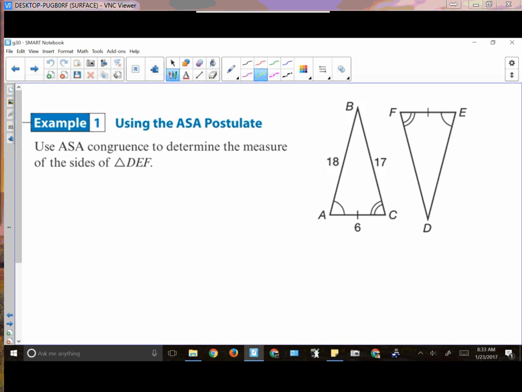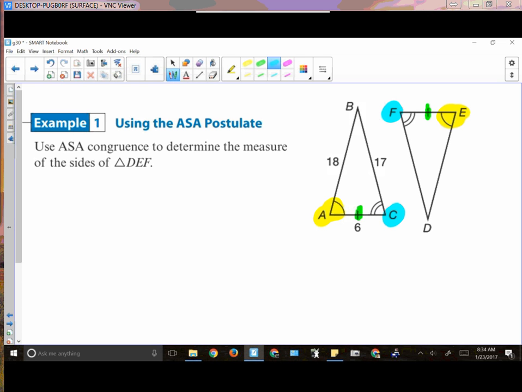So, when I look at this, it says that angle A is the same as angle E. Then it moves on to tell us that this mark here is the same as this mark over here. And lastly, F is the same as C. So do I have these in the same order, where I have an angle, I have a side, and I have an angle?